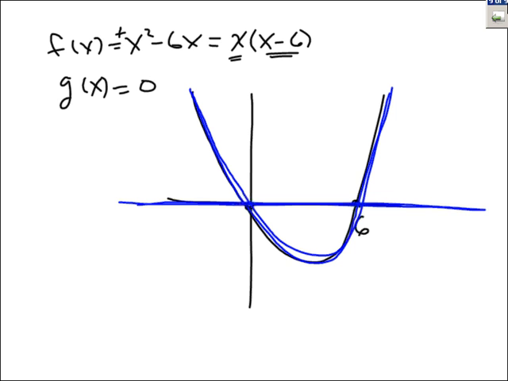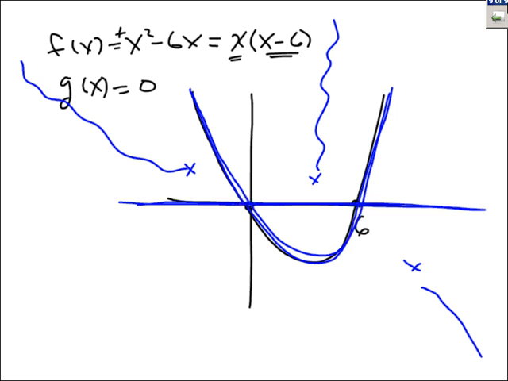For example, if you were here, you can go out. If you were here, you can go out. But if you're in here, you're trapped. That's the area that we want. That is the area that we would love to calculate.